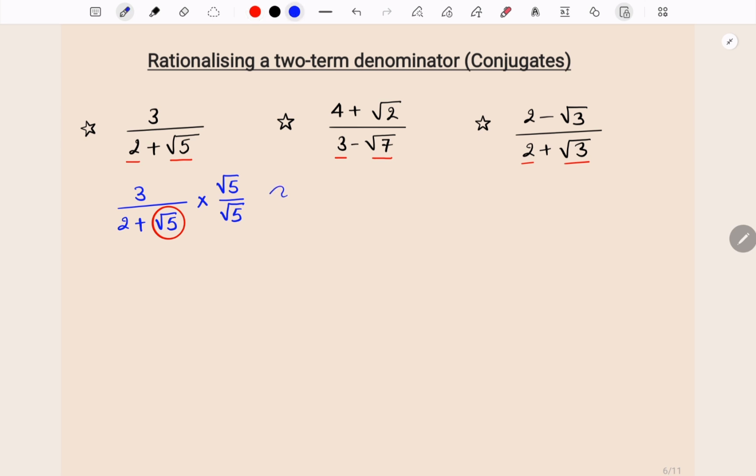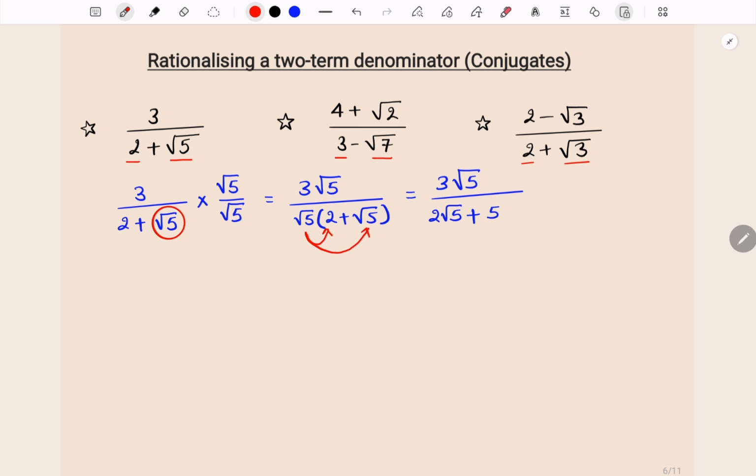So let's just multiply. 3 times root 5 is 3 root 5. And in the denominator, we will have root 5 multiplied by 2 plus root 5. If we simplify it, we will have 3 root 5 over 2 root 5 plus root 5 times root 5 is 5. I am just multiplying this root 5 with 2 and then with root 5.